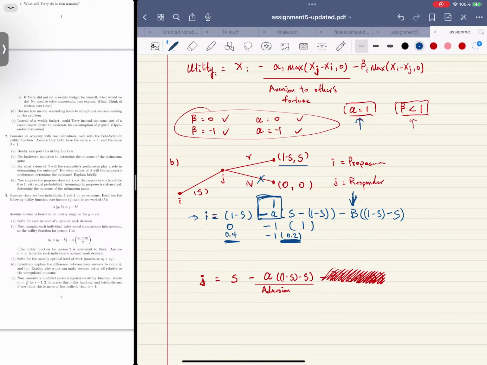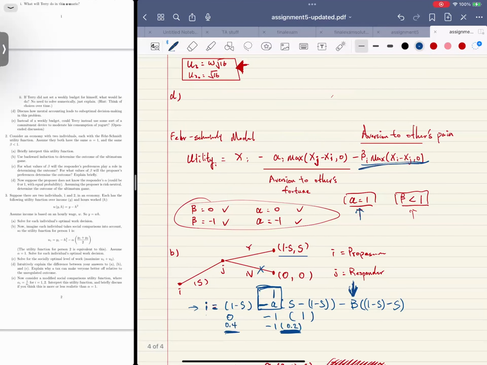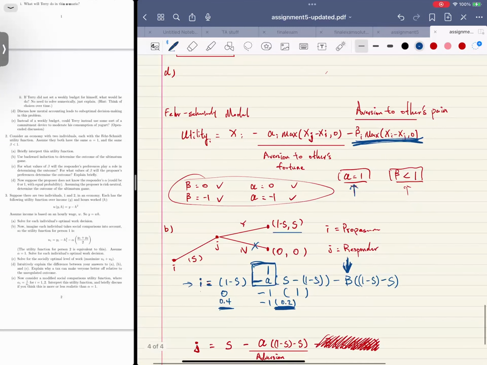In this case, beta never becomes a thing because this is a max. It's either 0 or the max of differences. If I give him more money than half, then my beta will just go away. It becomes 0.